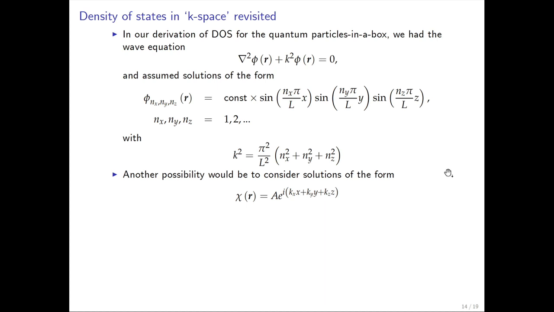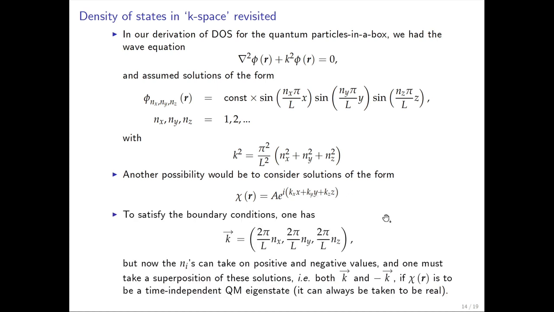Well, another possibility is you could assume solutions that are exponential forms, e to the i kx times x, y, and z, and you'll find that these solutions also satisfy the boundary conditions, the only allowed wave vectors will be of this form, where nx, ny, and nz can take on positive and negative values, but instead of pi over L, now we'll have 2 pi over L for the allowed values.